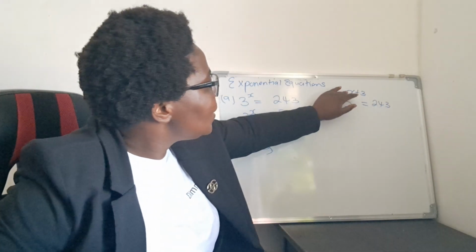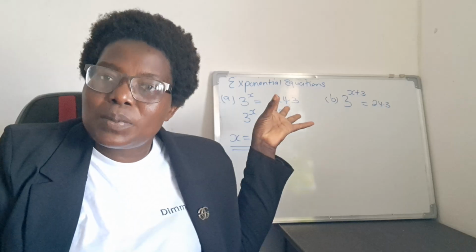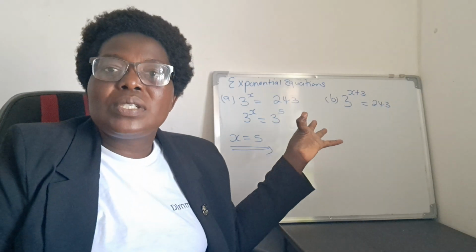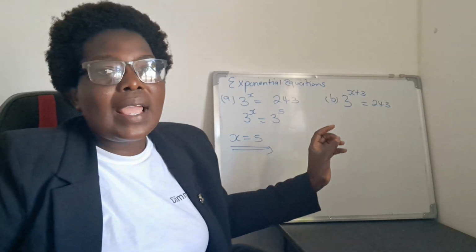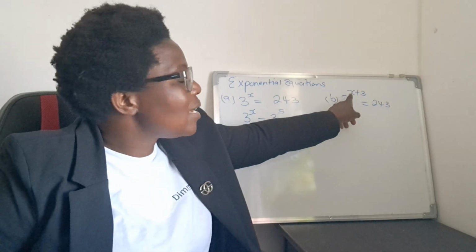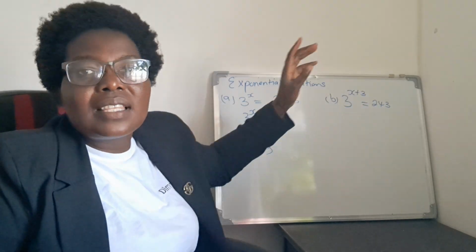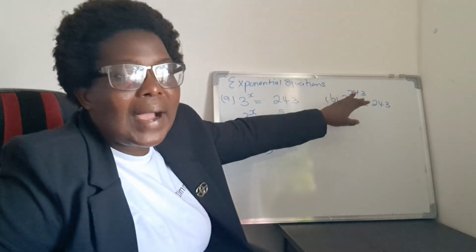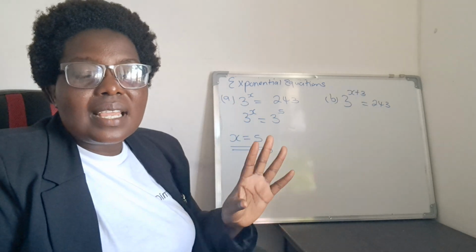That's why we have this added. Sometimes you get a question where these are split, or else you need to use factorization, therefore you need to expand it. That's why I'm telling you this is exactly the same as 3 to the power x times 3 to the power of 3. That gives us 3 to the power x plus 3 equal to 243.